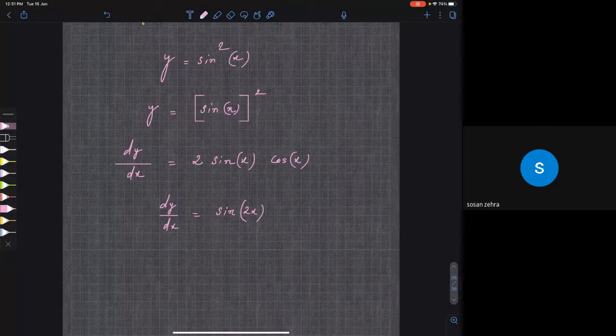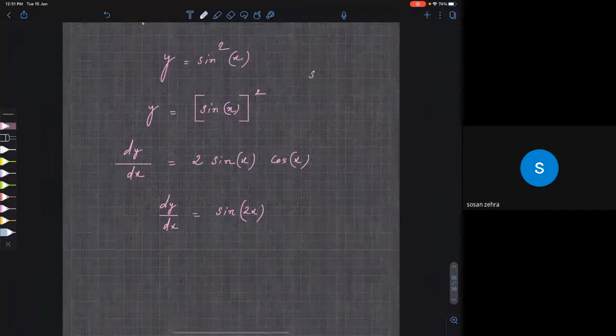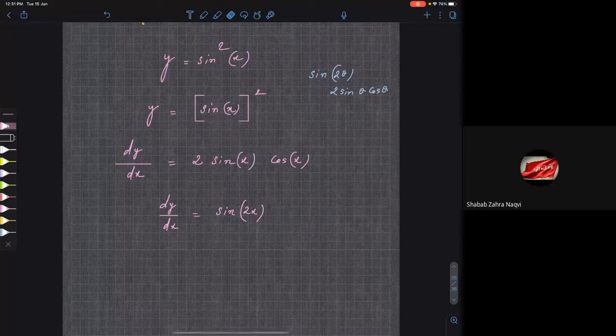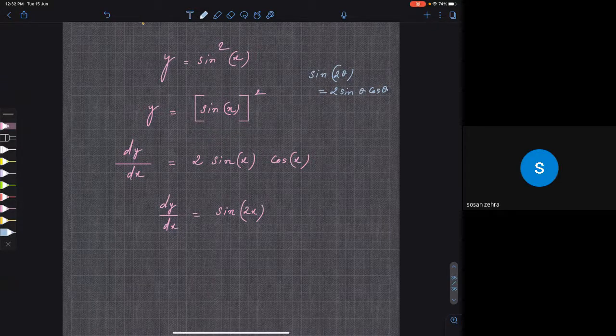You remember this formula from trigonometry: sin 2 theta equals 2 sin theta cos theta. That we are applying here in reverse. You understood this step?